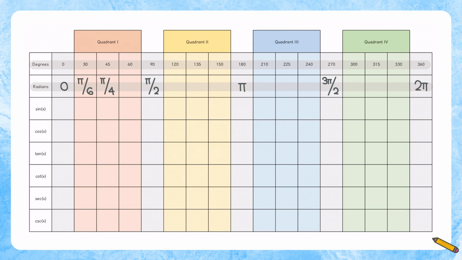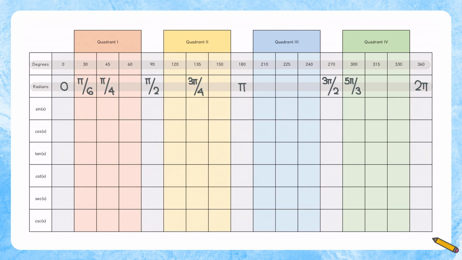And we also covered a few more. So like 135 degrees, that's 3 pi over 4. And we worked on one more together, 300 degrees. That ended up being 5 pi over 3 radians.